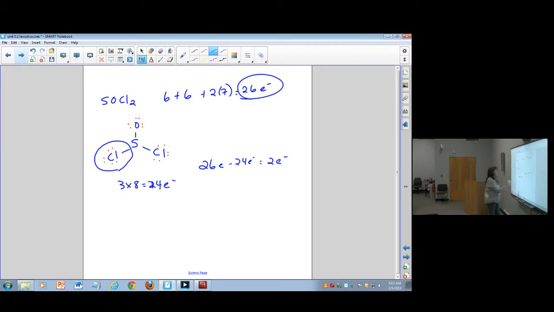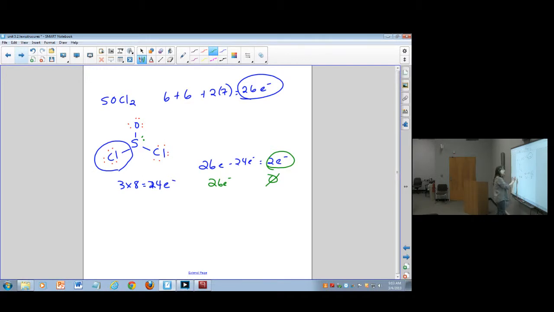So I already know that the oxygen and the chlorines are all octets. I'm going to put the remainder of these 2 electrons out here on sulfur, like so. Now, let's check and see. I've now used up 26 electrons, so I have 0 electrons left over. Let's see if we fulfill our octet rule.